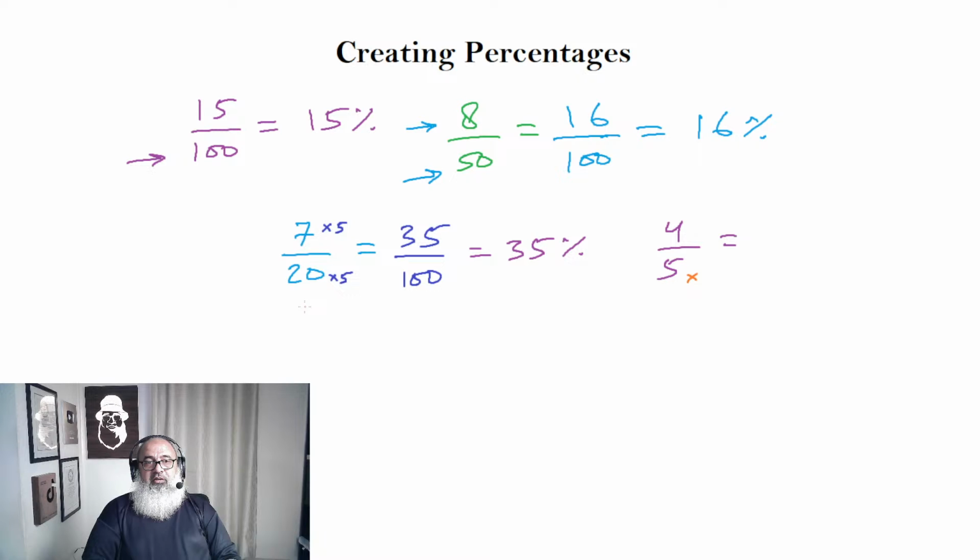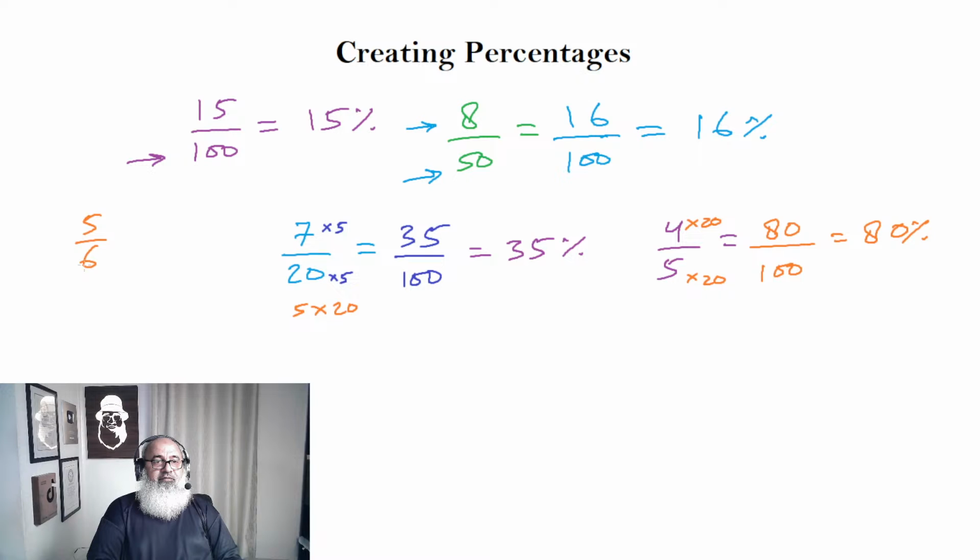But when we have a denominator that we cannot change to 100 easily, that is, we cannot find a whole number to multiply it by to get 100, let's say we have 5 over 6. In this case, we just multiply the fraction by 100 to convert it to percentage.